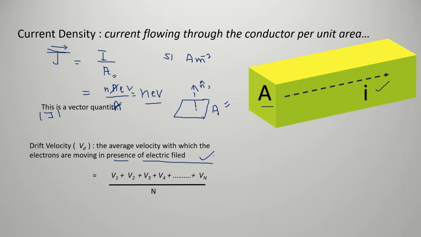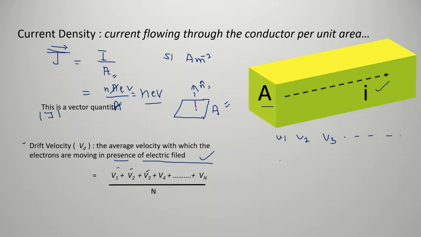The initial velocities with which all the electrons were moving were denoted by u1, u2, u3 and so on. With the presence of the electric field, when all the electrons are accelerated, they achieve final velocities v1, v2, v3, and the average of those final velocities is the drift velocity.